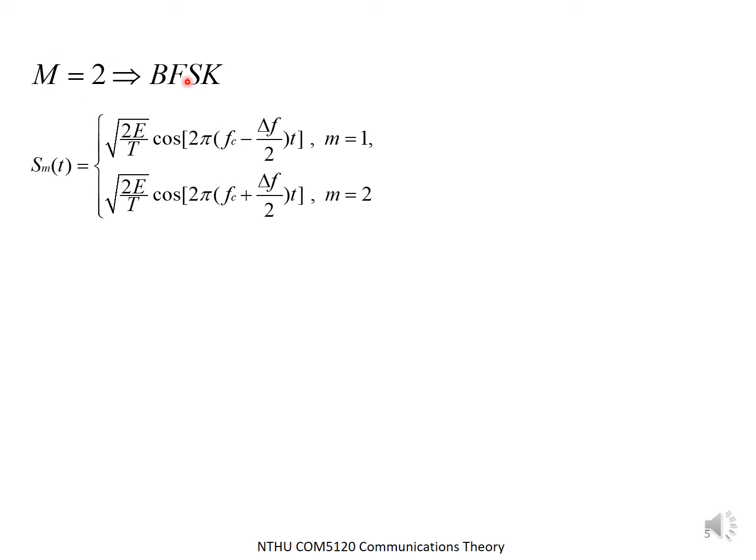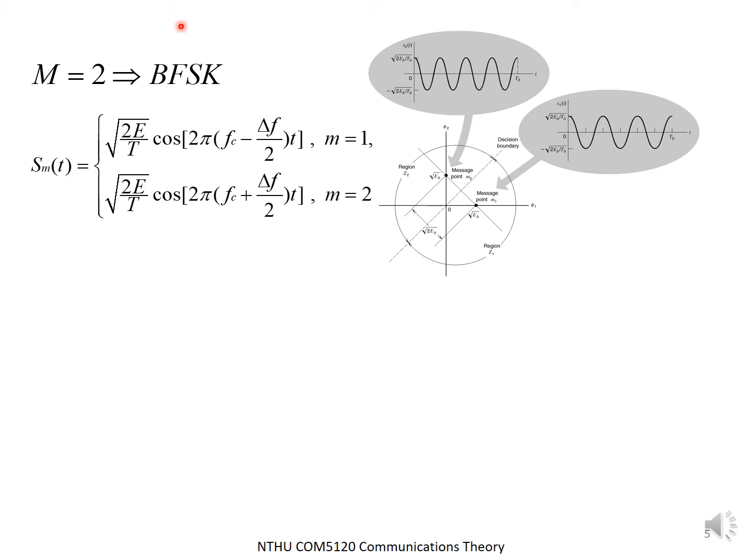Then the transmission of the waveform represents how many bits? It represents 1 bit. And the signal constellation would look like this.